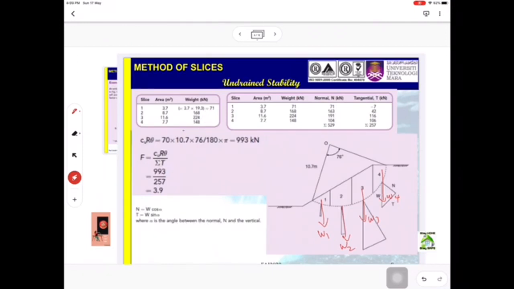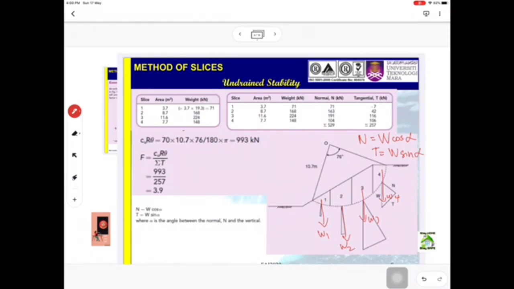Okay, and then normal force. What is the formula for normal force? Remember just now? Normal force N is equal to W cos alpha. So T equals W sine alpha. Right? After you get W1, W2, W3, and W4, what next?